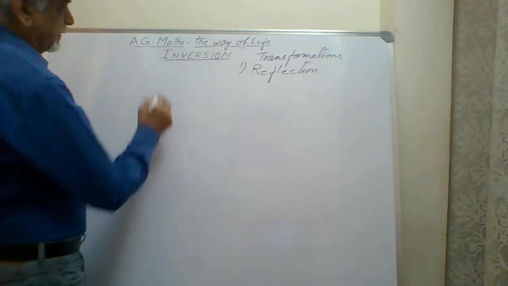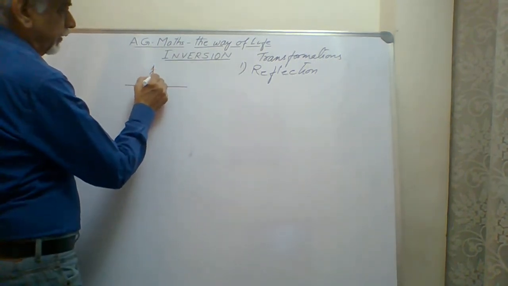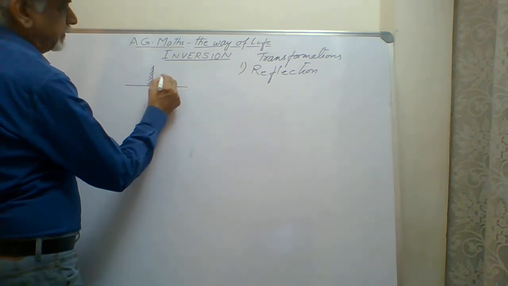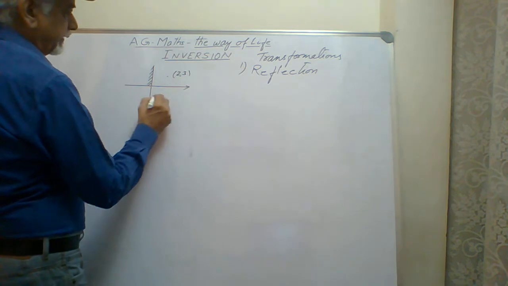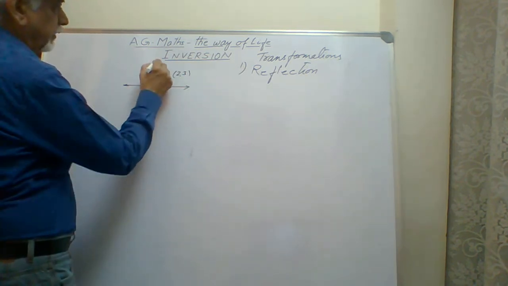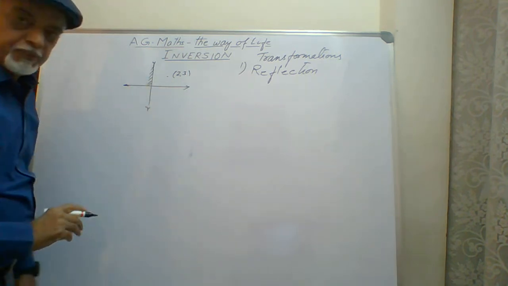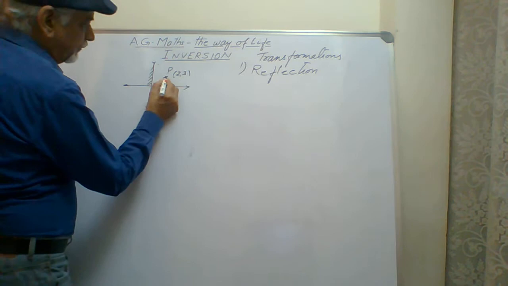About the x-axis or y-axis, when we say this is my mirror and one point is here, which is called (2, 3), this is the x-axis, this is the y-axis, and we want the transformation of this point P by reflection. So what will happen?